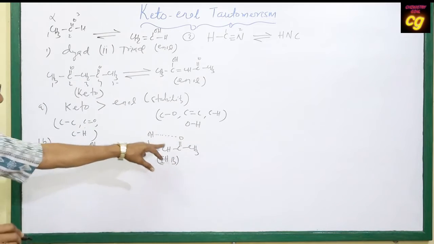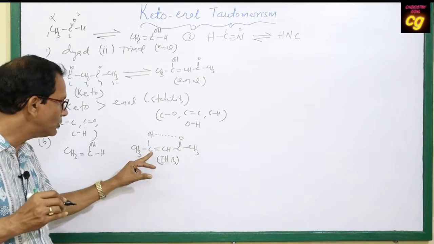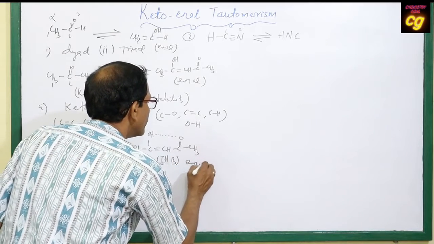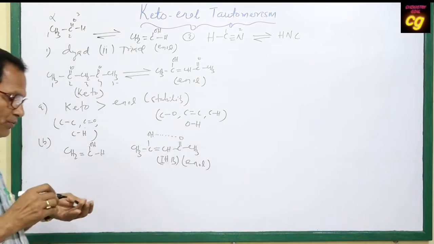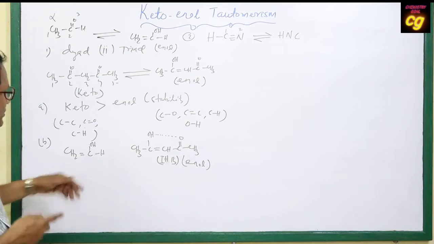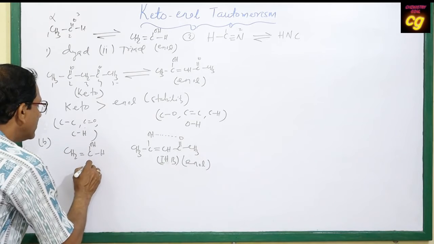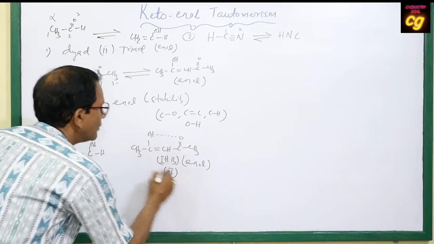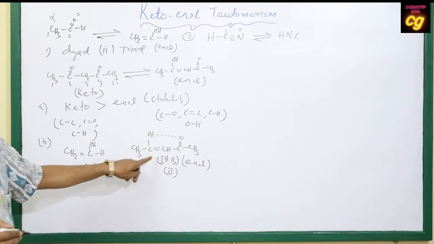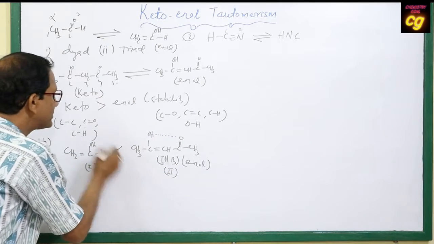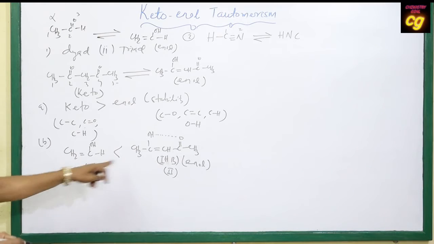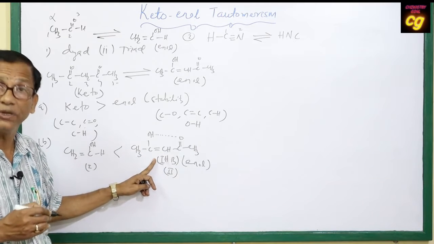This intramolecular hydrogen bonding is responsible for the stability of the enol form. This enol form is more stable compared to this. This is also one enol form and this is also one enol form, but this one is more stable and this is less stable, because it has intramolecular hydrogen bonding.